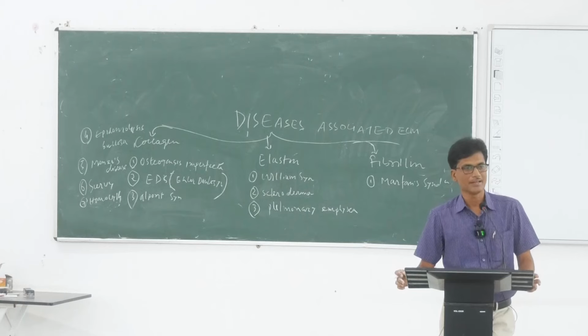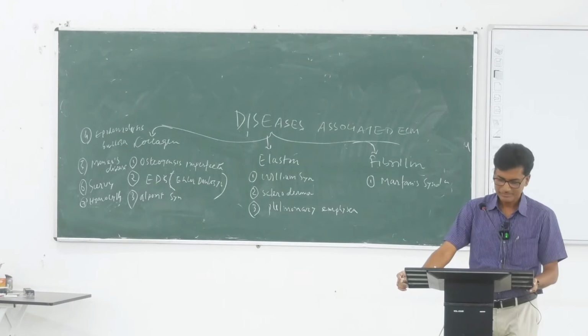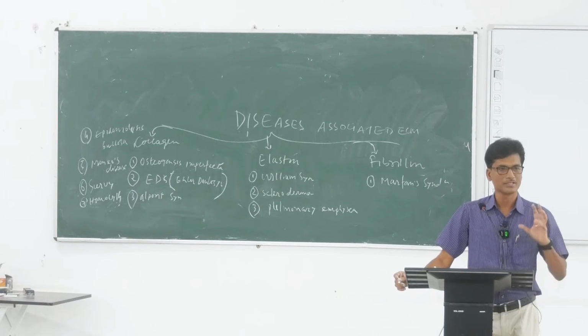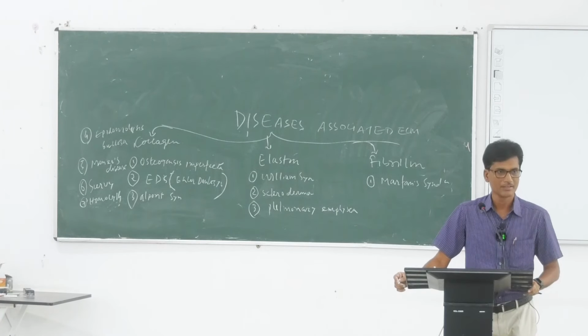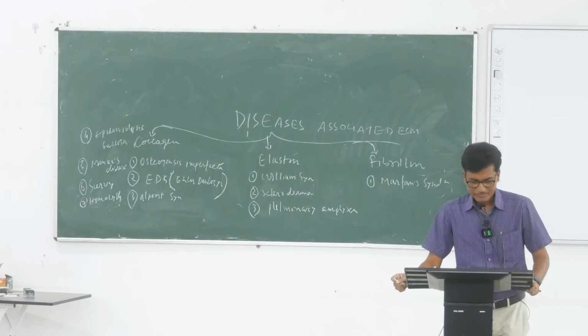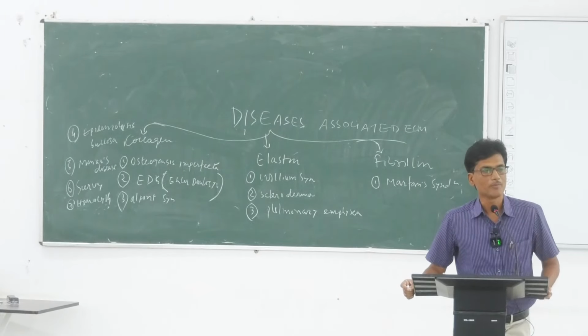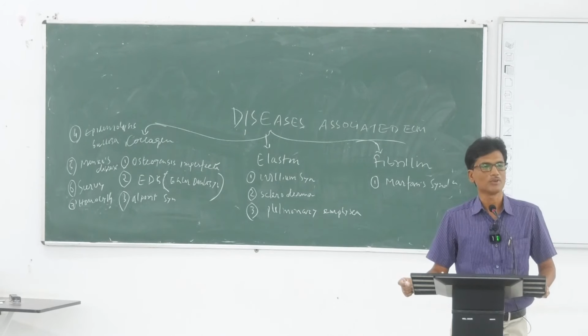I say it is inherited as a dominant disease. The defect lies in the gene. Here, in a single polypeptide chain, what is the most common amino acid?